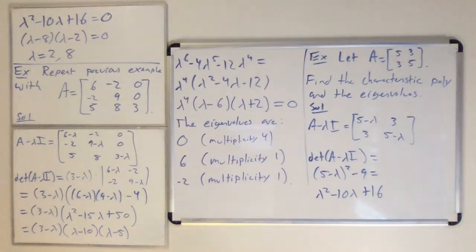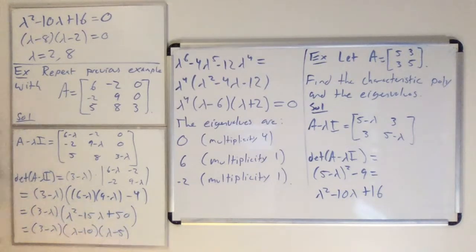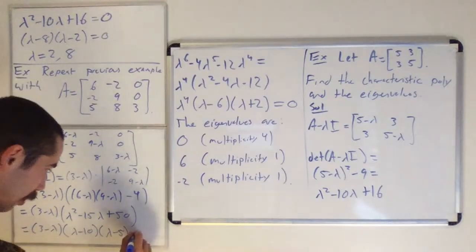Yeah, Taylor, exactly. So once we multiply all this out, we get this term, which factors into lambda minus 10 times lambda minus 5. We set it equal to 0.